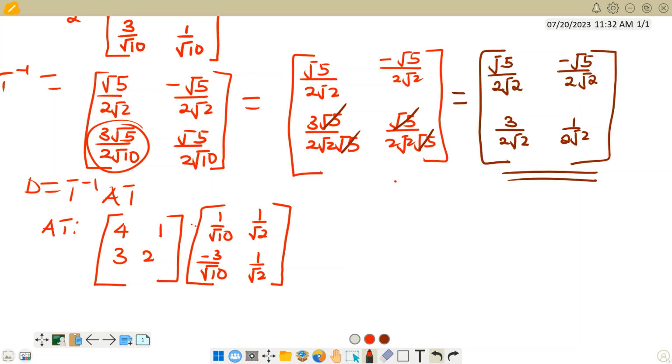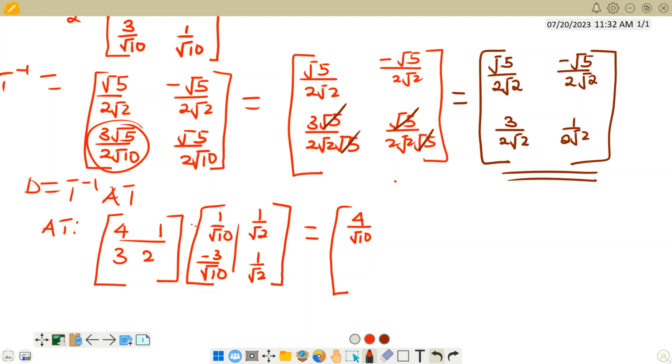Now we just have to multiply this. So 4 times that will give us, on top, 4 divided by square root of 10. So 4 times that is giving us 4 over root of 10, but we have to add 1 times the entry minus 3 over root of 10 there.